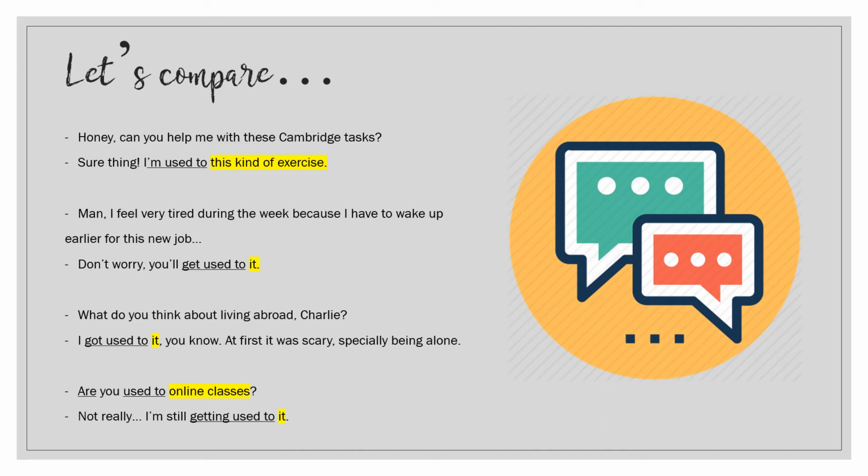And the last one, getting used to it. I'm still getting used to it, being used in the present in this case. So it's also the process of I'm making it part of my routine. And the question, are you used to? So are you aware of how it works, and is it part of your life, your daily life? That's it.